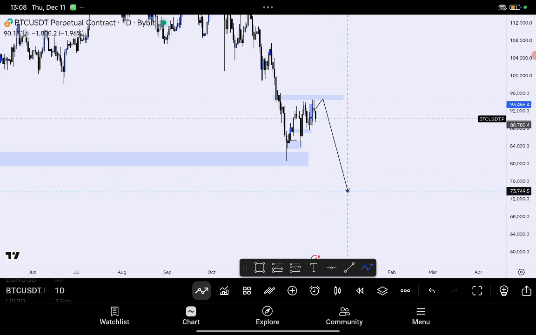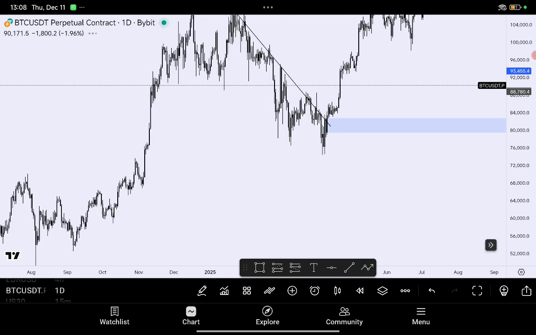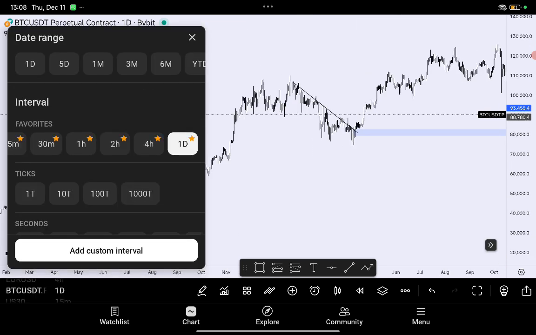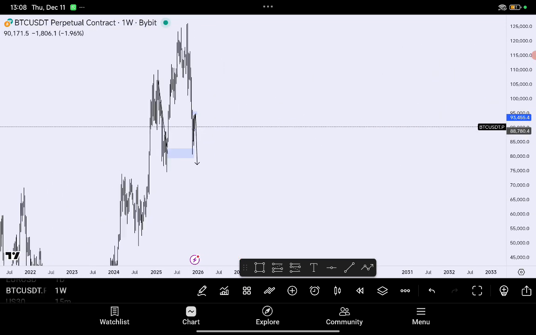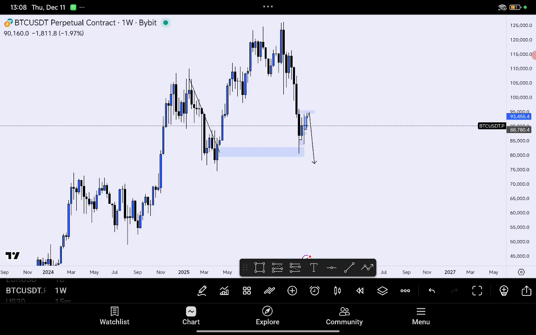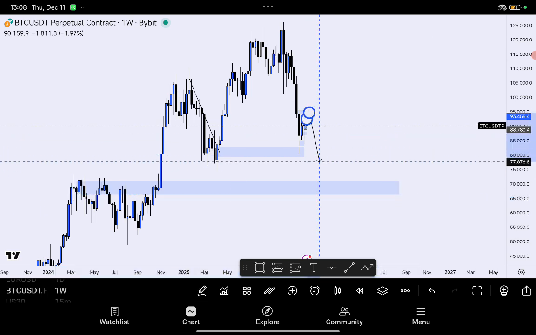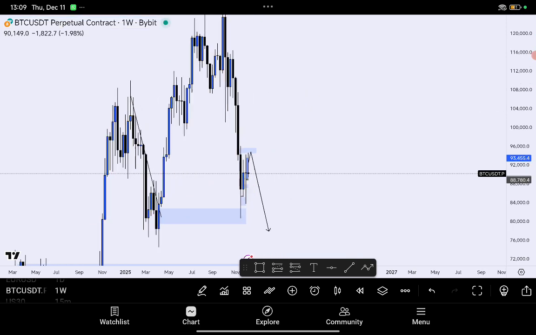It might decide to go to this and then come to this area, whether to use the order block here or the breaker block here. If this does not hold, that means it is coming to something like 74 or 75. So this is just my view on BTC.